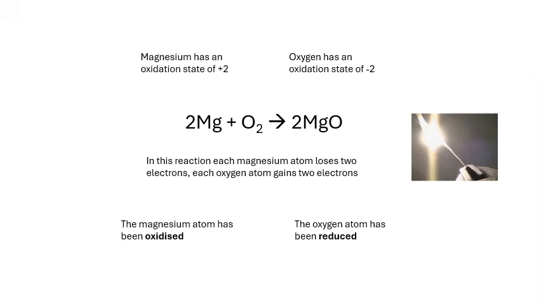So the magnesium atom has been oxidized, and that basically means it has lost electrons. The oxygen atom has been reduced, and that means it has gained electrons. So, oxidized and reduced.